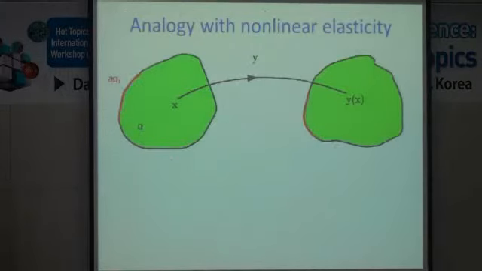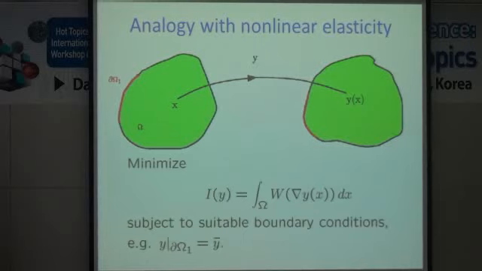When I first saw this problem, I was immediately reminded of a problem in nonlinear elasticity, which is in fact still unsolved. In nonlinear elasticity, you pick some kind of reference configuration for the material. So you take some subset omega in R3 and you label the particles by their positions x in this reference configuration, and then considering statics, in some deformation, the point that was at x in the reference configuration gets mapped to y of x in the deformed configuration.